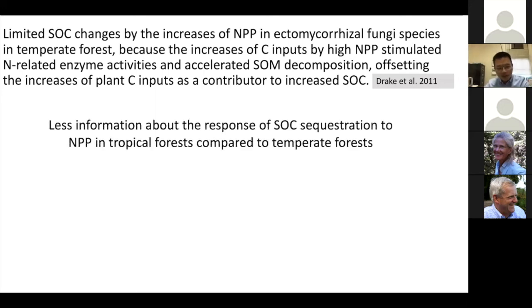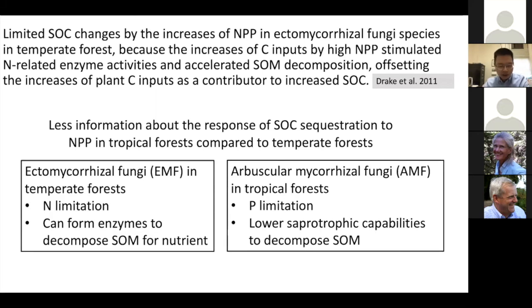But there is less information about the response of SOC sequestration to NPP in tropical and subtropical forest compared to the temperate forest. And also there are some differences among species and forest types. Like first, in the temperate forest, it's always thought that plant growth is limited by nitrogen availability.